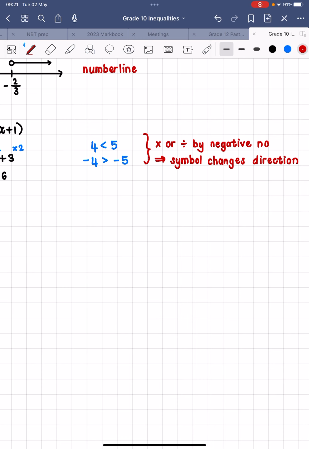So that is something that you're going to have to remember with these types of questions. Okay, so you're treating it exactly as you would treat an equation, except for when you multiply or divide by any negative number, then you must remember to change the direction of that symbol. Apart from that, it's exactly the same as an equation. Okay, let's quickly go back to, you guys still copying that down? Okay.